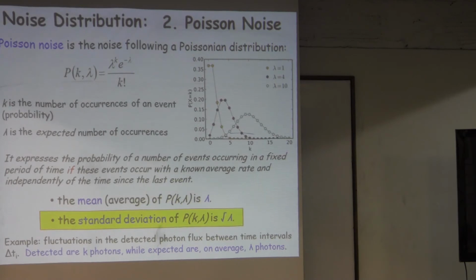In other words, that was not very well explained. The Poissonian distribution expresses the probability of a number of events occurring in a fixed period of time if these events occur with a known average rate and independently of the time since the last event.